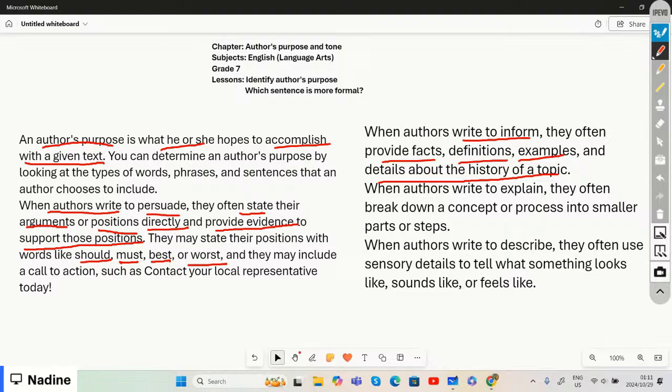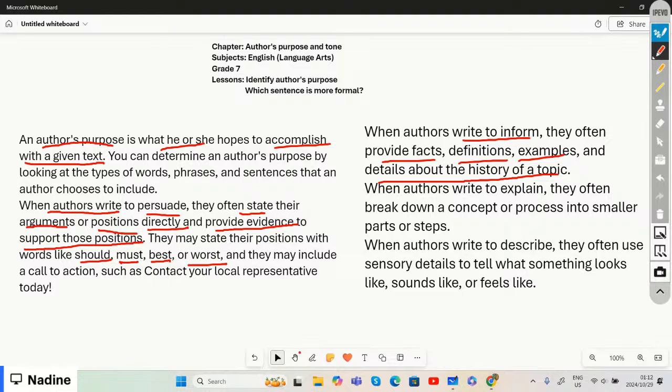All right. So once again, an author's purpose is what he or she hopes to accomplish within a given text. Remember, we have text whether it's in stories, books, short stories, or long stories.